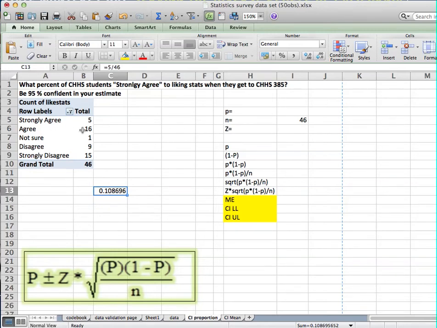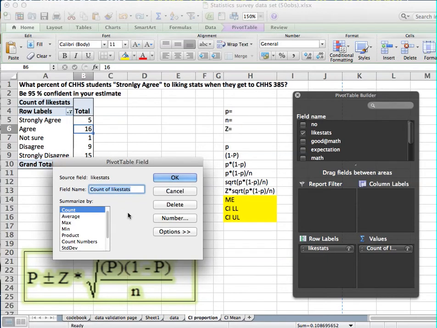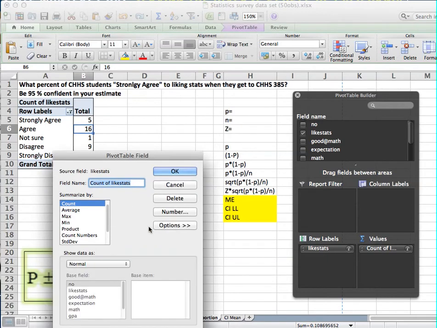Or we can ask Excel, right? We can right-click here on the numbers, field settings, options, and show the data as % of column.